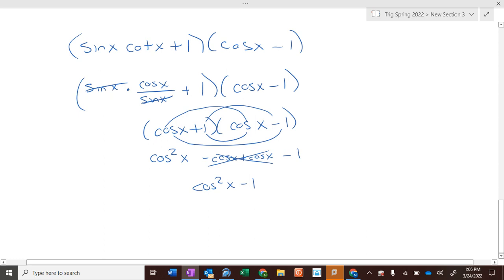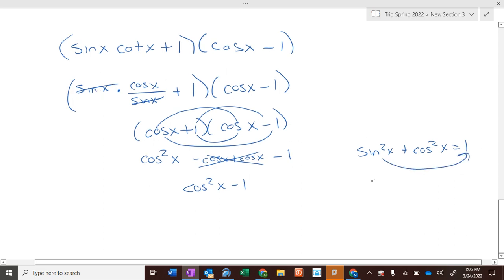And you say, I'm fully simplified. Not so fast, my friend. Remember our sine squared of x plus cosine squared of x equals 1, right? What if I would subtract cosine from each side? No, let's not do that. Let's say, what if I would subtract sine squared from each side? Cosine squared of x equals 1 minus sine squared of x, right?